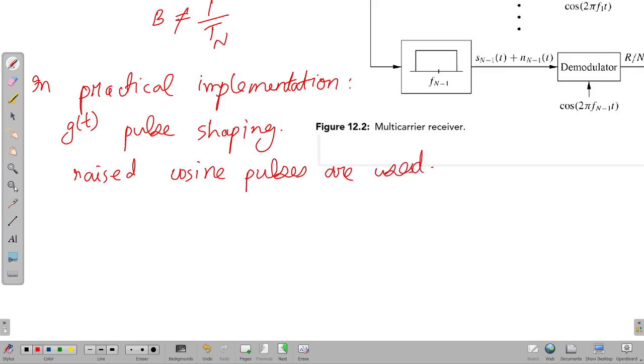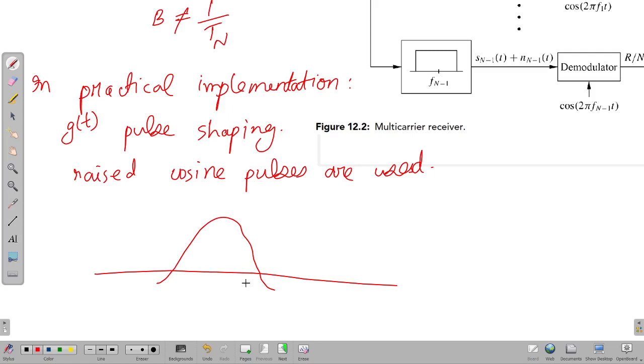So when raised cosine pulses are used, it is somewhat like this. A raised cosine pulse may look like this, and it has something called a roll-off factor.